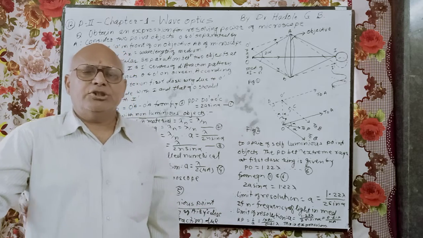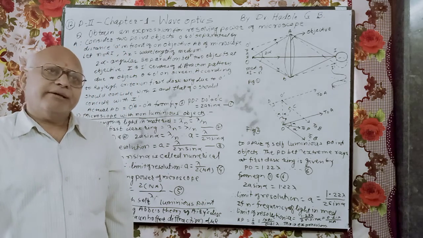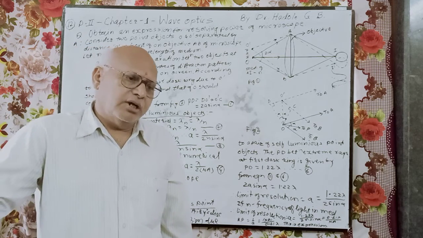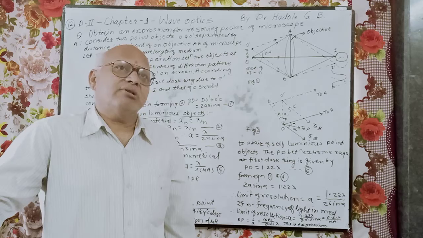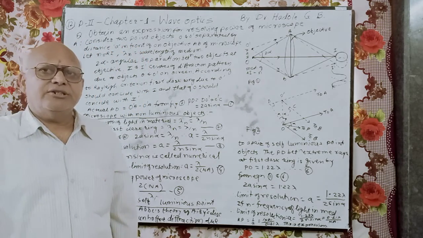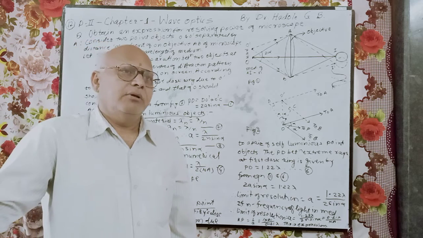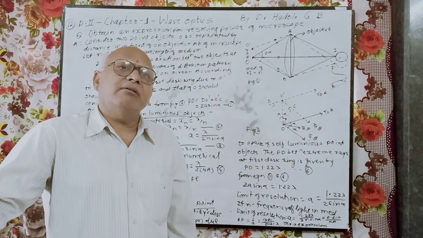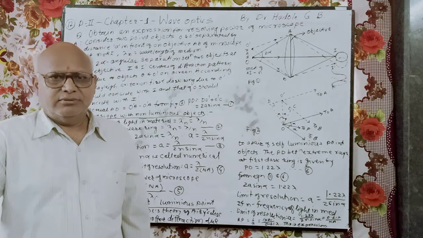It is rather a different thing that there are certain self-illuminated objects like candle, fluorescent tube, bulb, sun, moon, stars in the sky, asteroids, meteorites in the sky. These are self-illuminated objects.